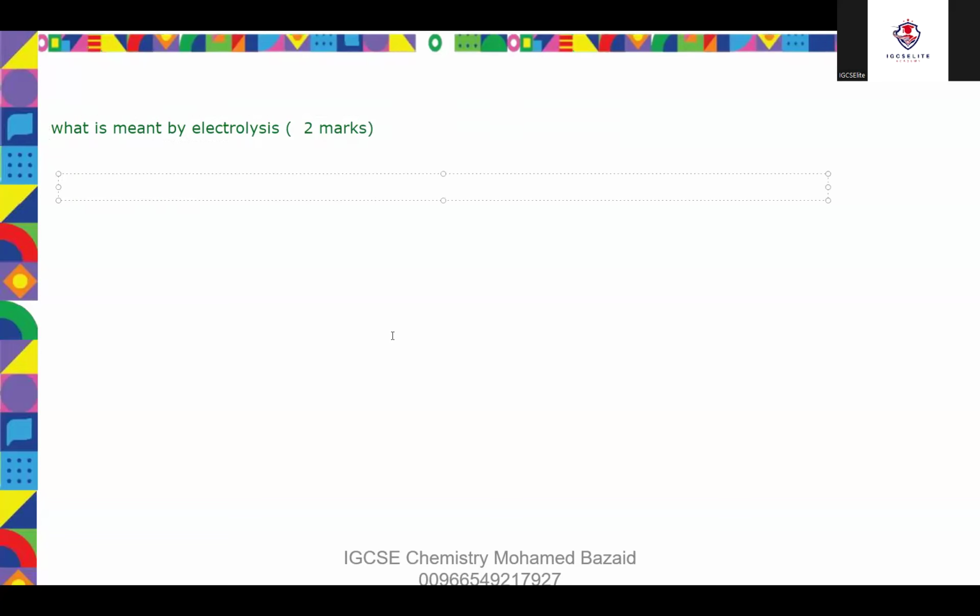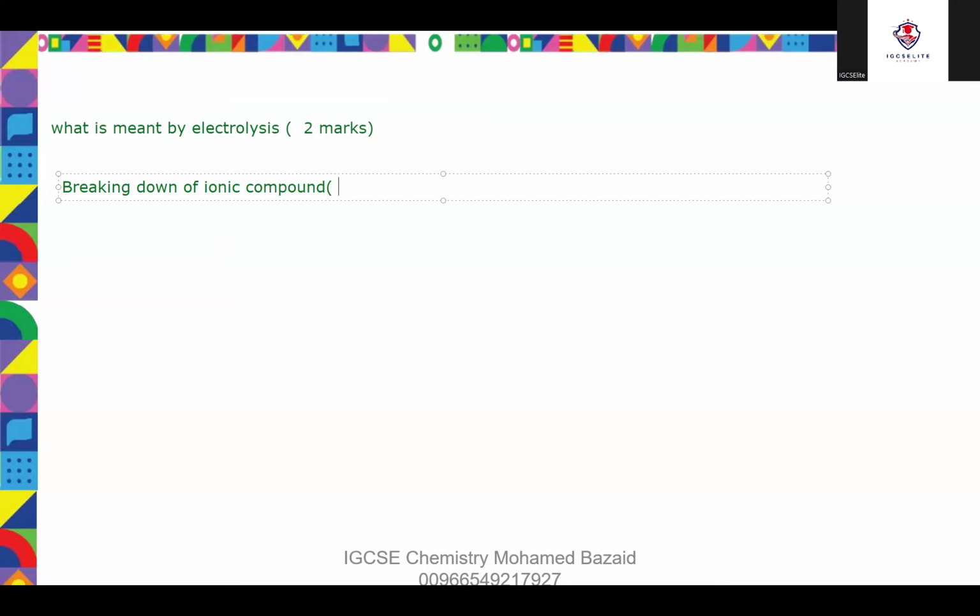So what is the definition? Electrolysis is breaking down which compound, ionic or covalent? What did we say at the beginning of our session today, breaking down of what? Yes, breaking down of an ionic compound. And this compound must be what?